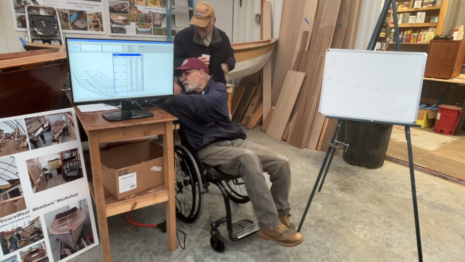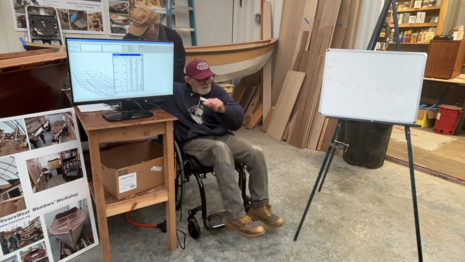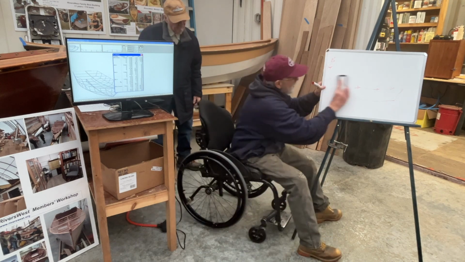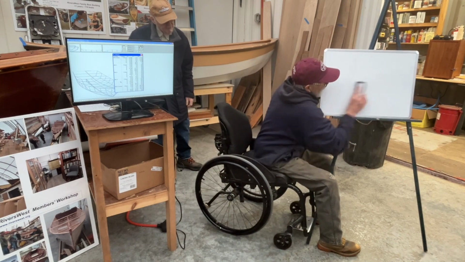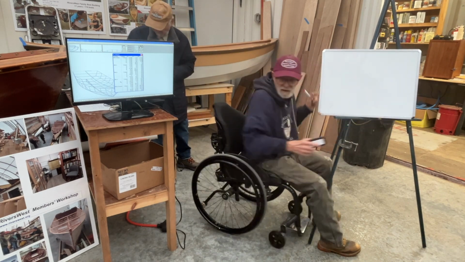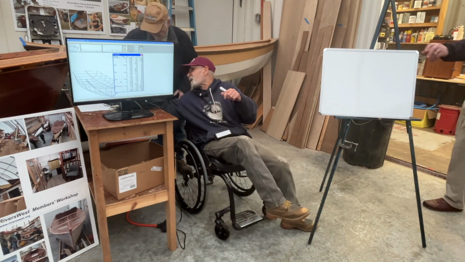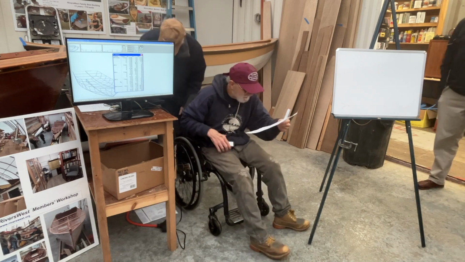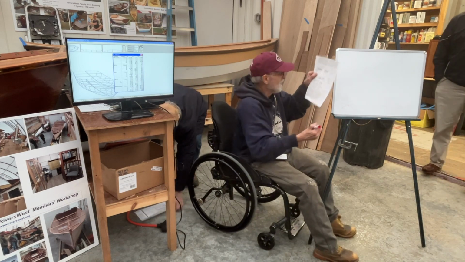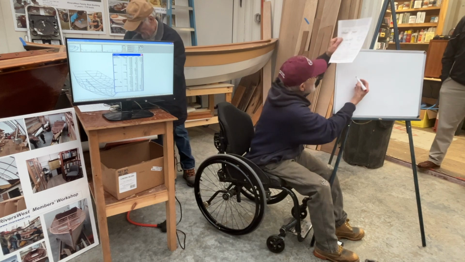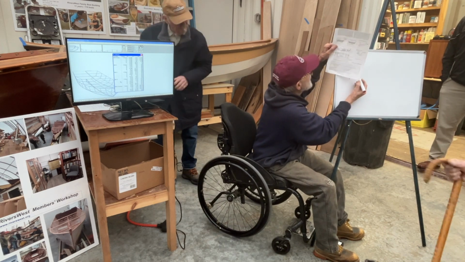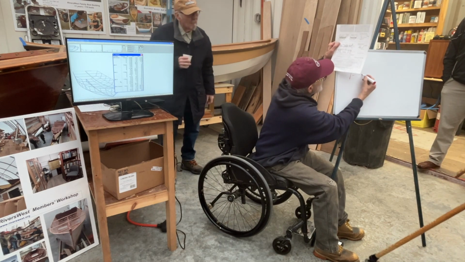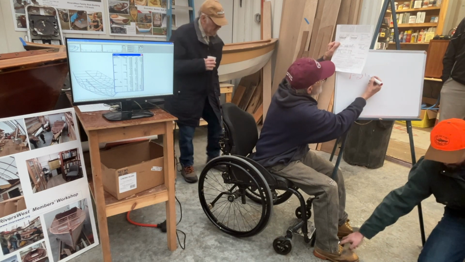One of the things, if you look at that table of offsets, underneath A, you see something that looks like 1 dash 2 1/4.